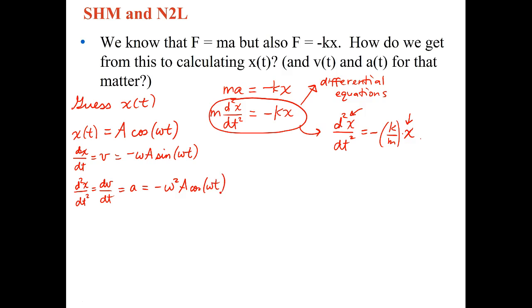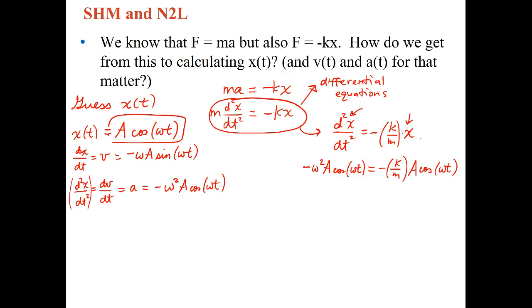And now you're seeing why we picked this, because when we took the second derivative, we got from a cosine back to another cosine. So let's take it and plug it in here. So d squared x dt squared is going to go here, negative omega squared a cosine of omega t. Is that equal to a constant times the original function? The original function would be a cosine omega t.